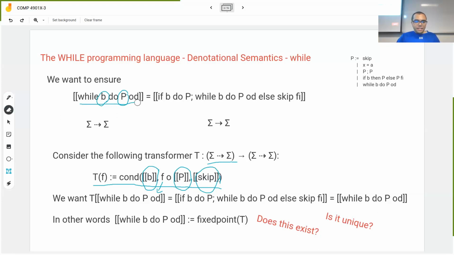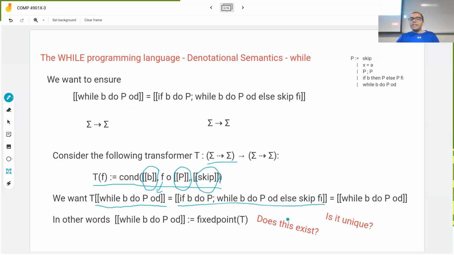I said that ideally, if I have this program and I rewrite it, I want to get the same semantics, right? So this means that if I apply T to the semantics of while, I will get the semantics of this extended program.